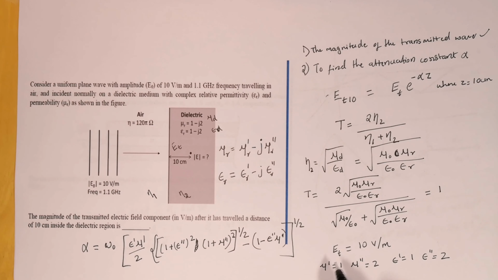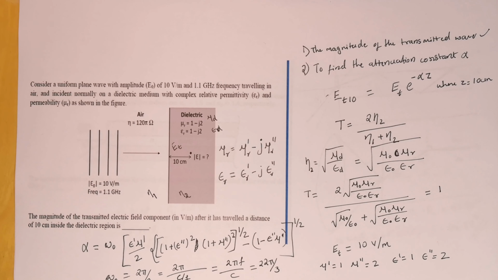Once you plug this into the equation for alpha, we also have to find omega naught. Omega naught is simply 2 pi by lambda, which is 2 pi F by C, since lambda is C by F. I had calculated this before, and it comes out to be 22 pi by 3.